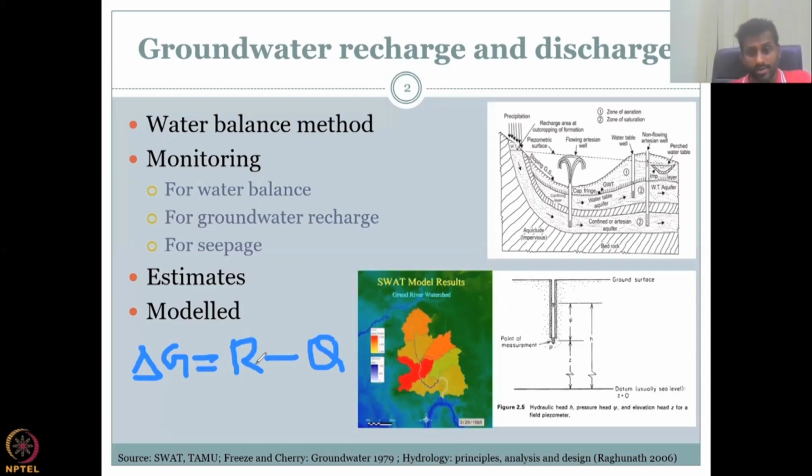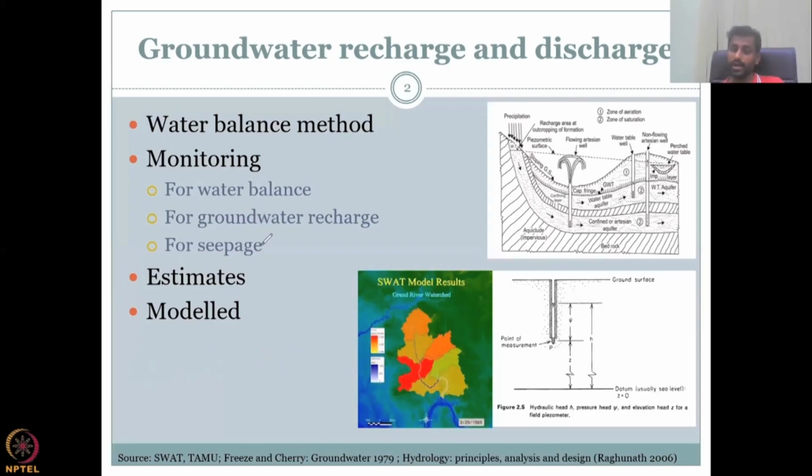Then you have models, like this model you have here, which is the SWAT model. Very complex hydrological models, which, if you give all the parameters, ranging from the top water meter models, water balance data, etc., you feed it into these models, and the models give you the output of groundwater recharge or discharge based on your calculations and based on your estimates of these parameters.